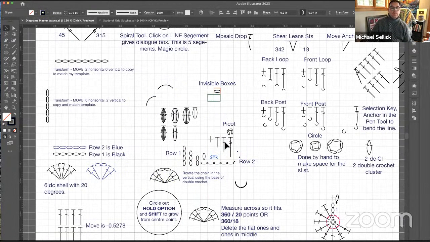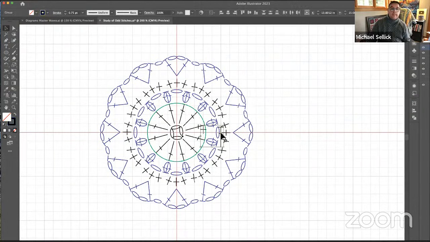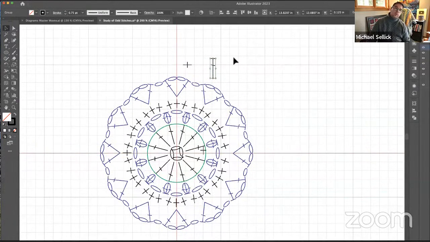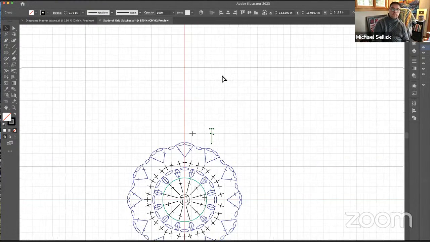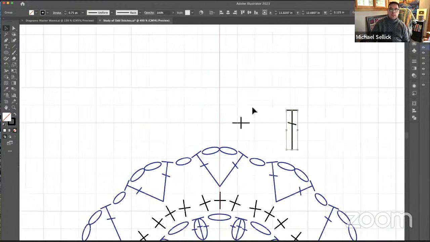And I need some double crochets and I need some singles. Okay, so we're now going to do. So I need 4.